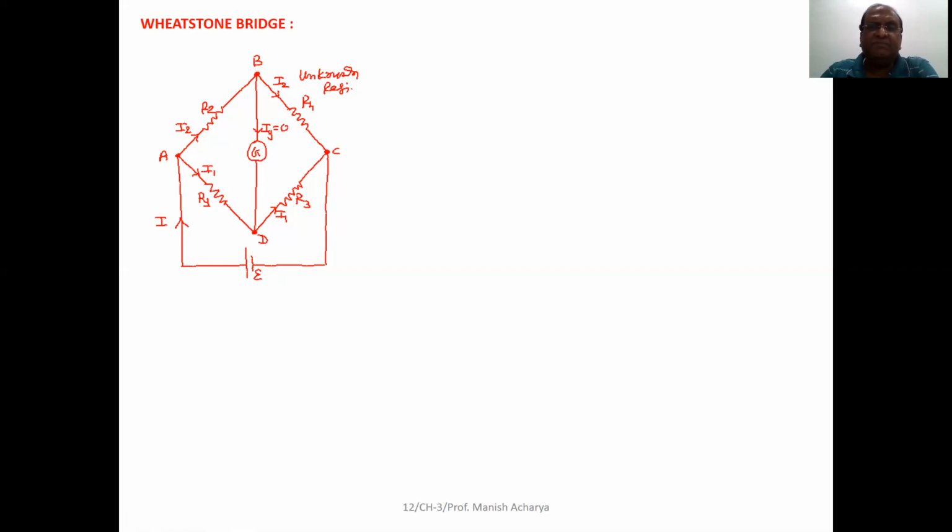Now using this particular circuit, one can find the unknown resistance. Say, out of these 4 resistances, R1, R2, R3, R4, suppose we take R4, that is an unknown resistance. Now here, suppose battery supply total I current to the circuit.